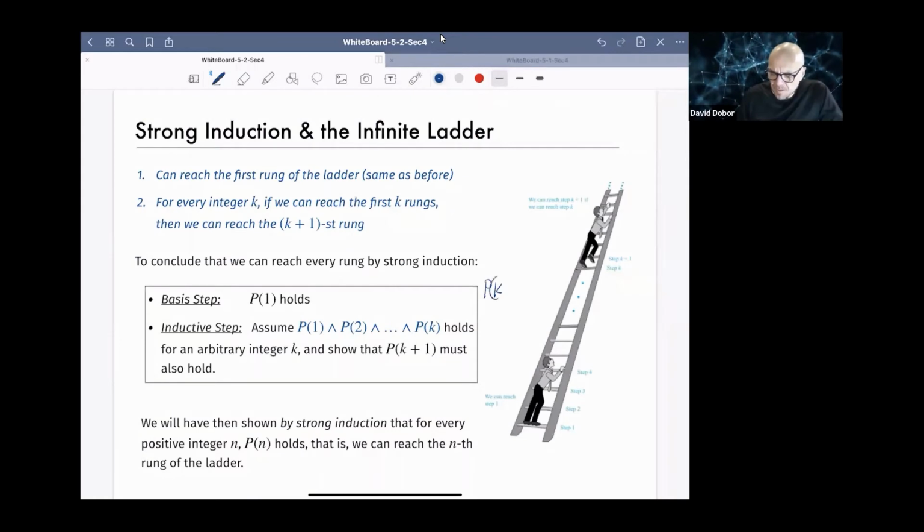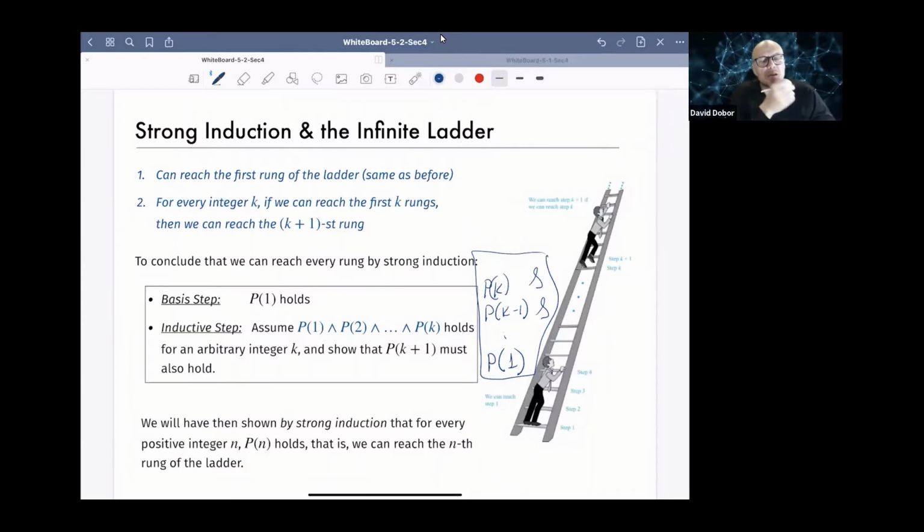You want to prove that P of k plus 1 is true, given that not only P of k is true, but P of k and every proposition that came before it, starting at 1, are all true. Does that make sense? So that seems like a genuinely stronger requirement.